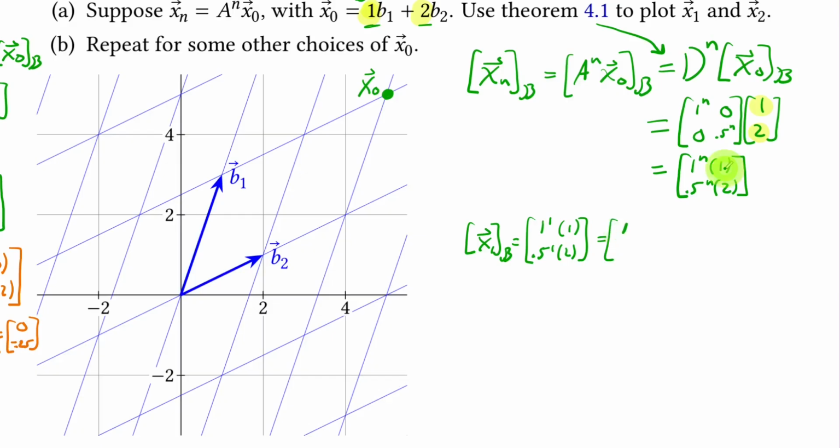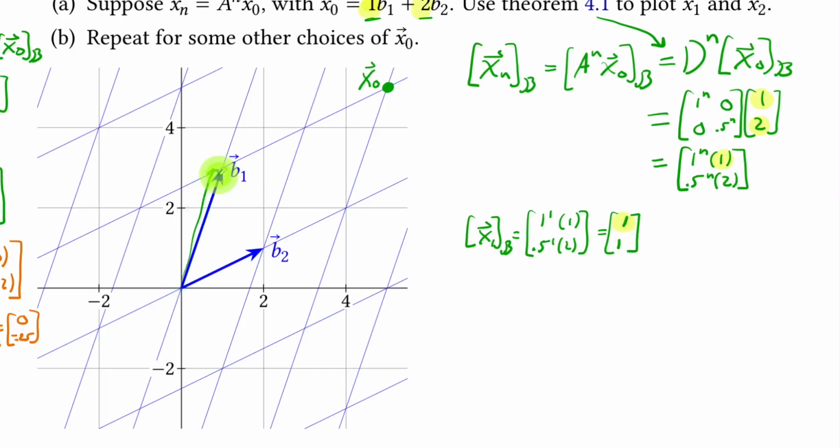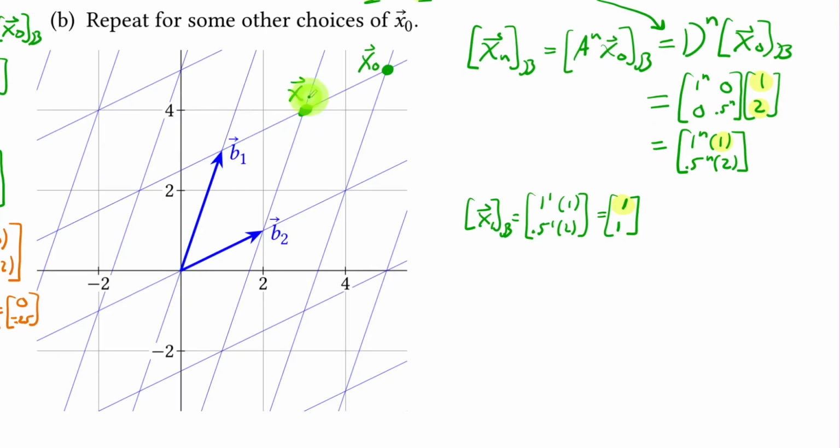We're not changing the 1 here, that's the same, but we're doing 0.5 times the 2, like so. So those coordinates are 1, 1. So now when you do 1b1 plus 1b2, x1 is right here.